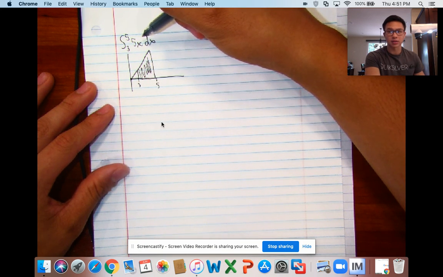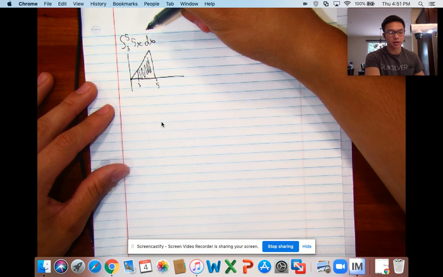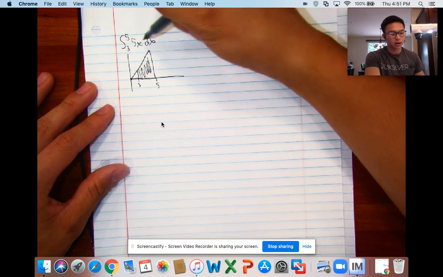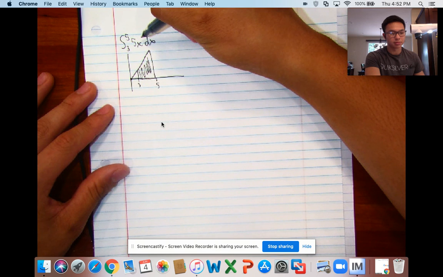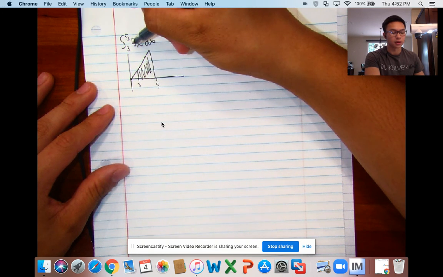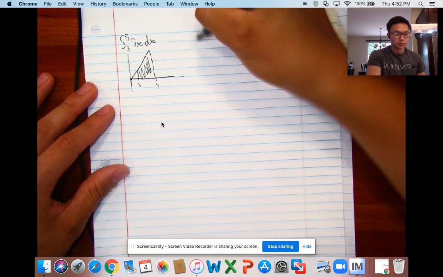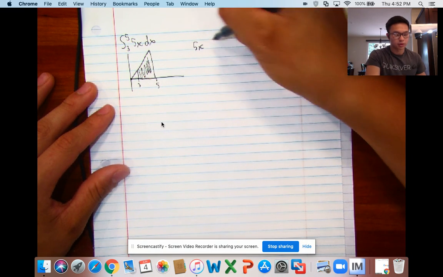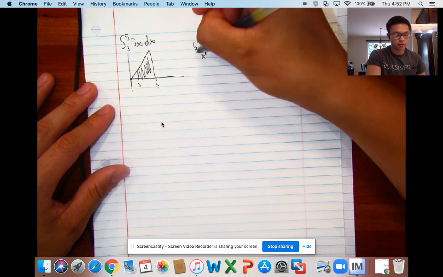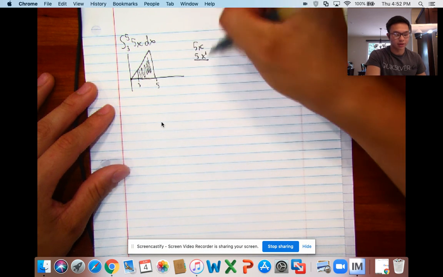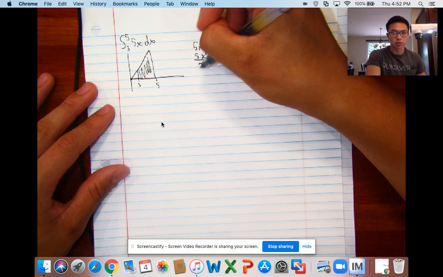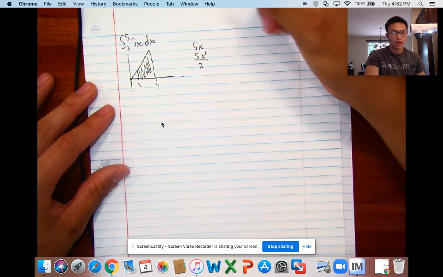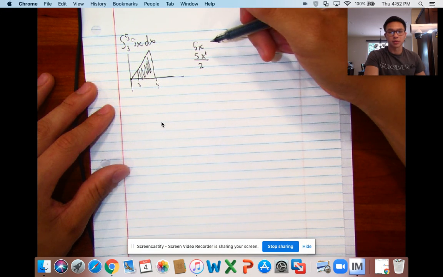Since it's just x, with x to the first power, you're going to bring it to x to the second power. And instead of multiplying by the number in front, you're going to be dividing. So you have 5x first, and you're going to make it x squared, and you're going to divide the 5 by the number 2. So it's just going to be 2 on the bottom like this. And that's how you find your antiderivative.